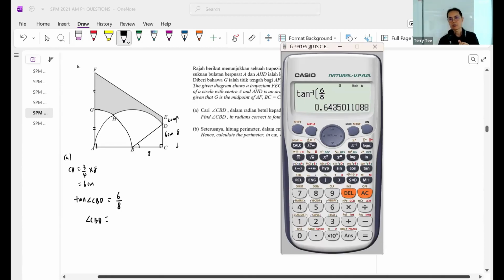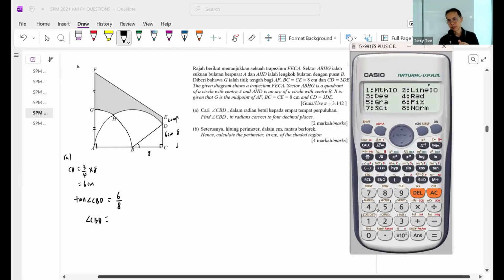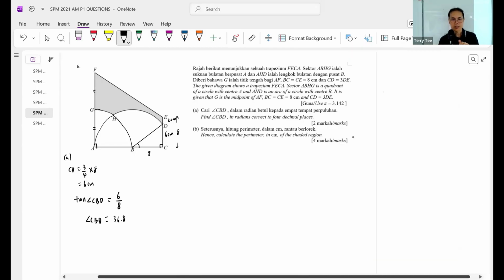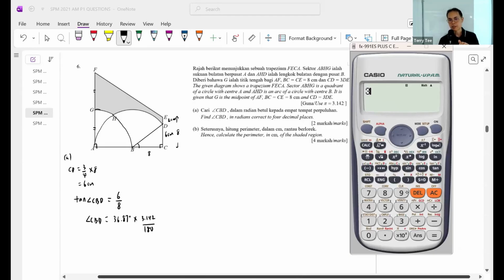But nowadays they want you to use the calculator in degree mode and then convert to radian. So in degrees it is 36.87, and then you convert to radian by using 3.142 over 180. So it's a lot more work. Personally, I think it's kind of silly because your calculator can do it directly, but they want you to use this method.